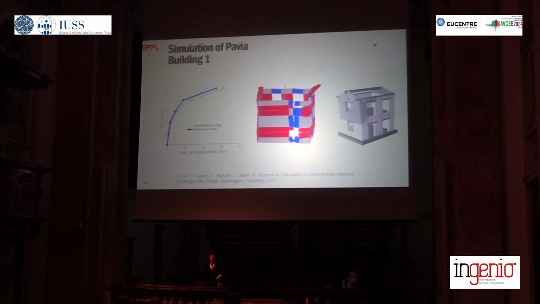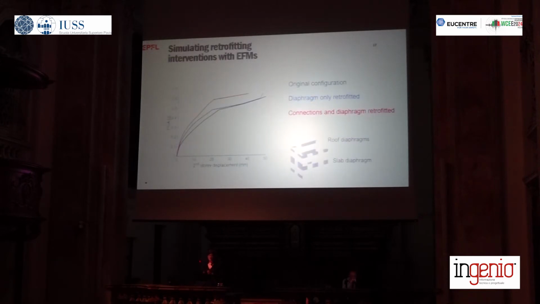And then of course we can also use it to investigate some retrofitting interventions. Here we focus, for example, on retrofit interventions on the connections, which was also not so easy to do earlier. In black you see the original configuration, where the diaphragms were flexible and the connections were just friction connections.